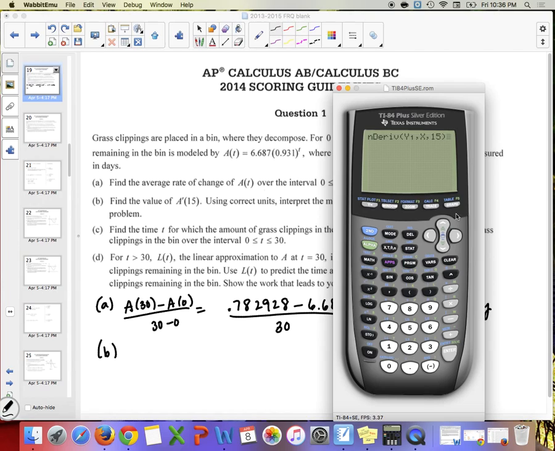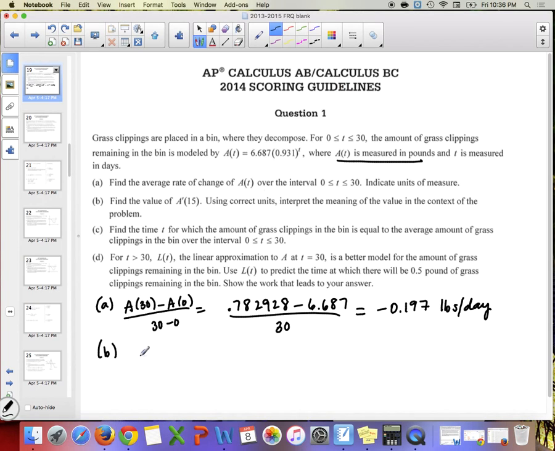So I plug in, and I end up getting negative 0.164. So I write what I put into my calculator. I found A prime of 15, and I got negative 0.164, or negative 0.163 if you truncated.